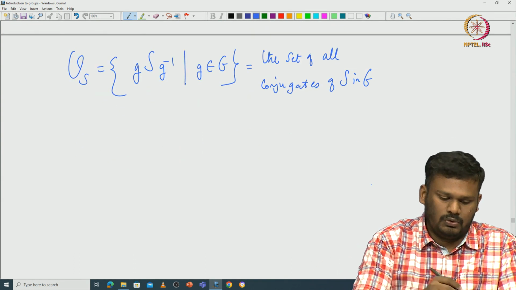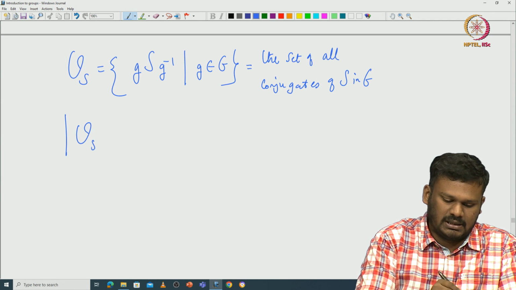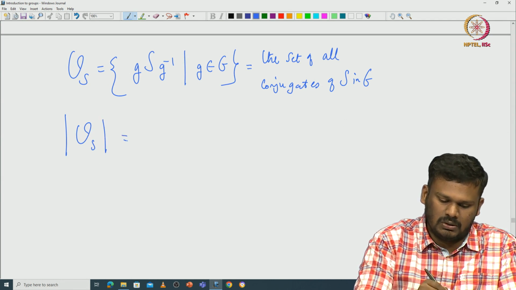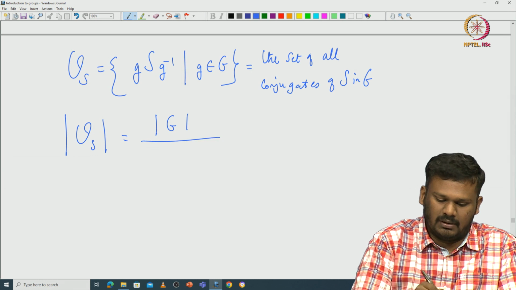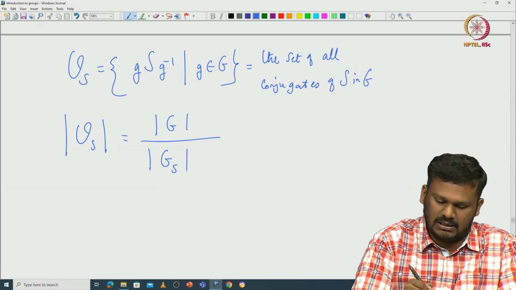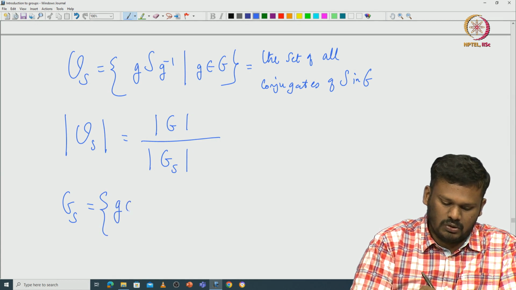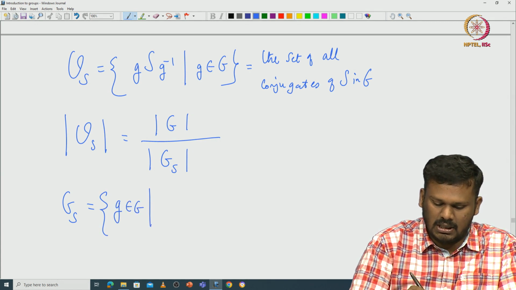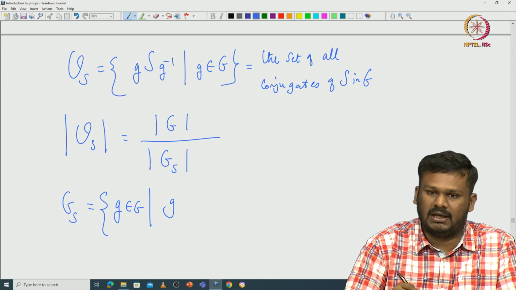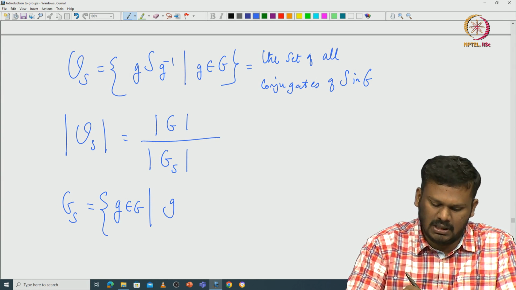Now if you use the orbit stabilizer theorem, it says that the cardinality of this is exactly equal to the cardinality of G divided by the cardinality of the stabilizer. So let us calculate the stabilizer. The stabilizer, by definition, is those elements g in G such that g fixes this S under the conjugation action.